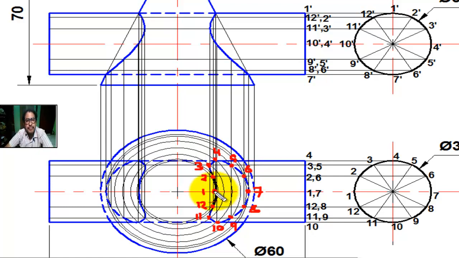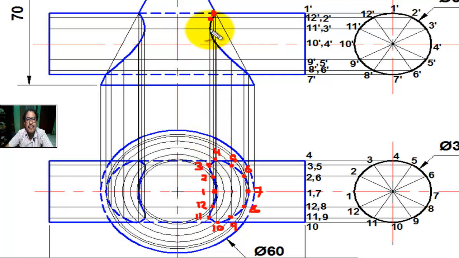Now, from 1, we draw vertical projection line. It cuts the 1 dash line. This is 1 point. From 2, draw vertical line. It cuts the 2 dash point. This is 2 dash.